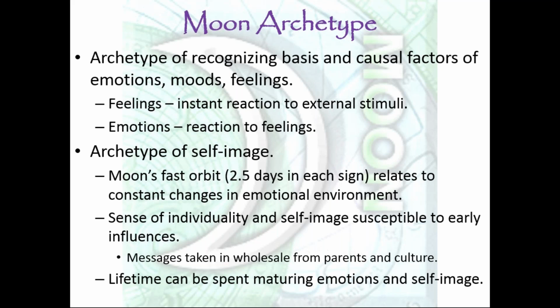And that is those continual changing emotions that are always going on because our environment is continually changing moment by moment, hour by hour, day by day. Now, our sense of individuality and its self-image is very susceptible to our early influences. More on this in a little bit.